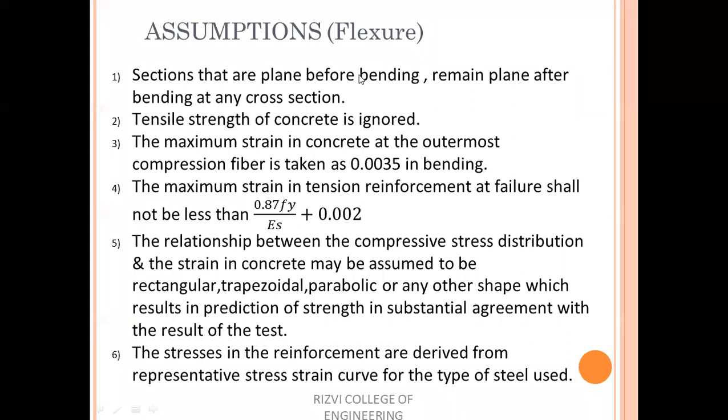Sections that are plane before bending will remain plane even after bending. What does this imply? Strain profile is linear. Exactly correct. So this implies that your strain profile remains linear.